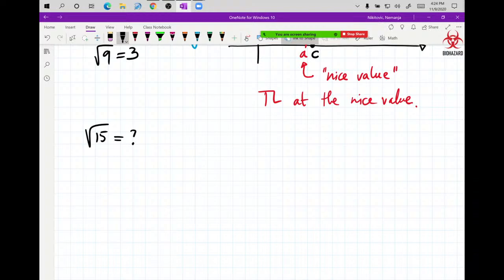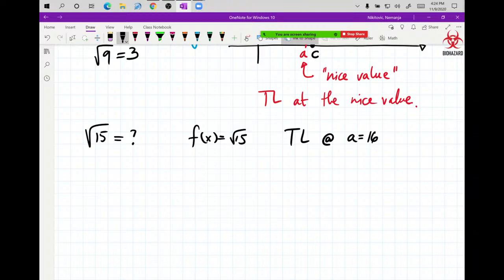Square root of 15 is equal to what? Okay, my function is root 15, and I'm going to find the tangent line at a equals 16. That's the closest, quotation mark, nice number for a square root.